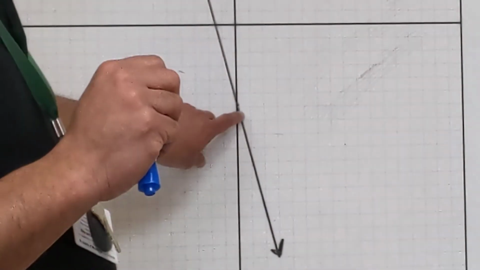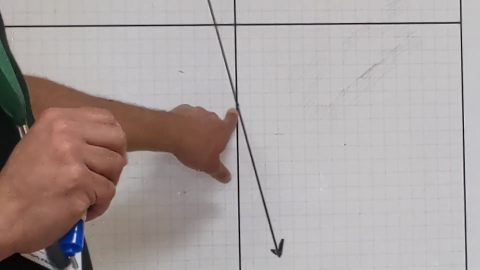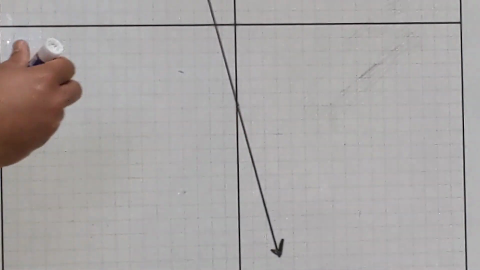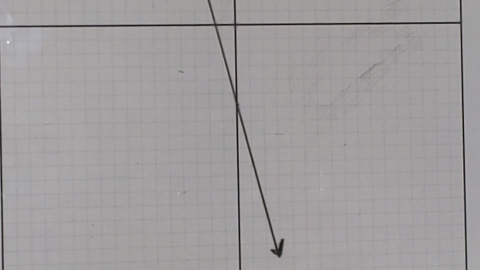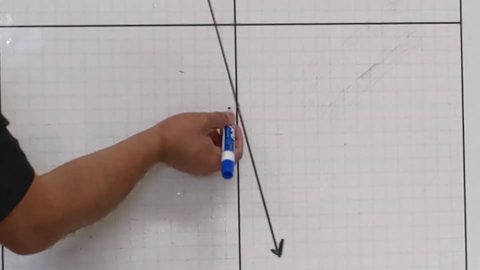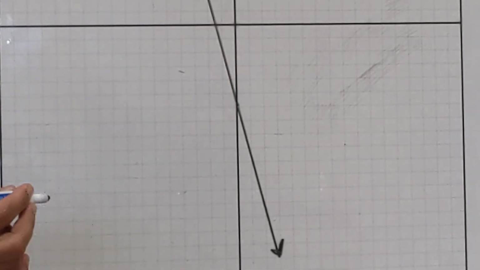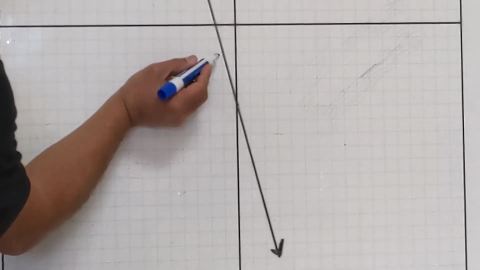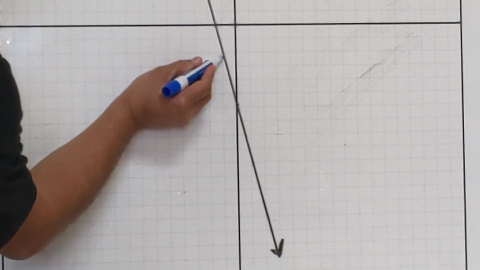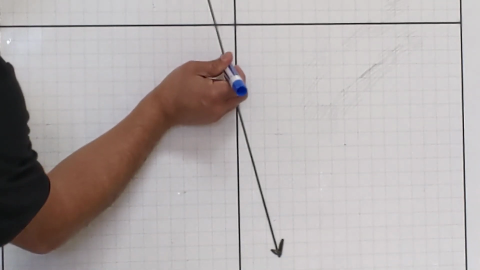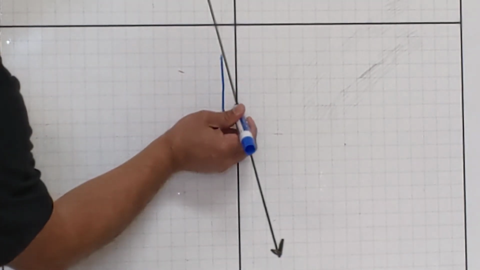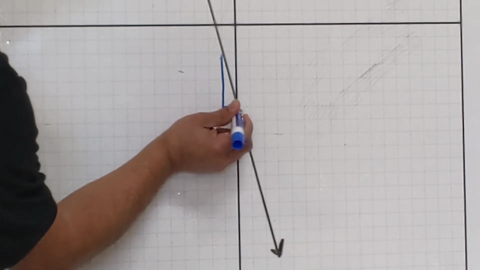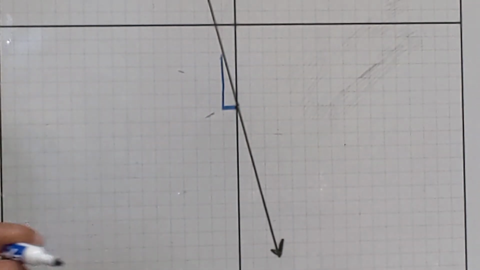And if you notice here, this is my y-intercept. And so I'm trying to draw a slope triangle so I can count my rise over run. So here's my y-intercept. And it looks like my closest point where I have a clear intersection is right up here. So if I'm going to do my slope triangle, I would come down from that point and over to my y-intercept, okay?